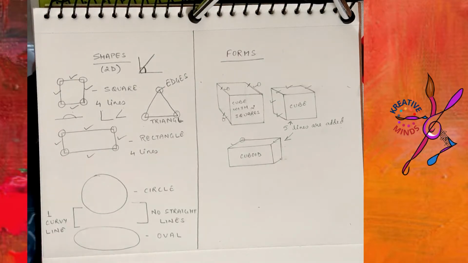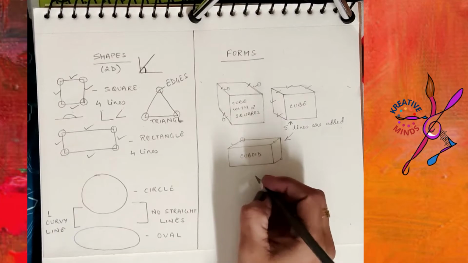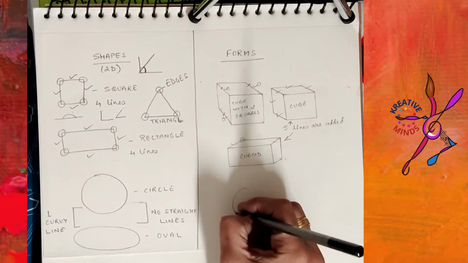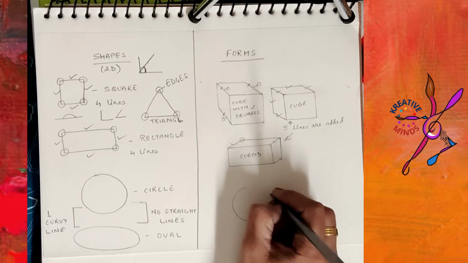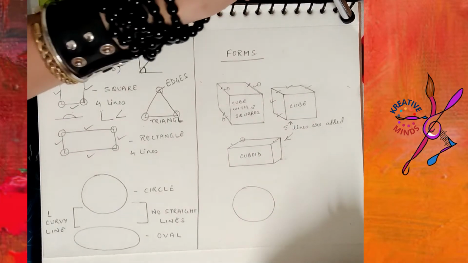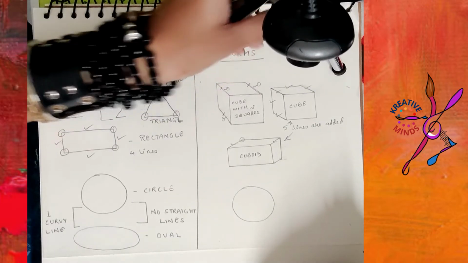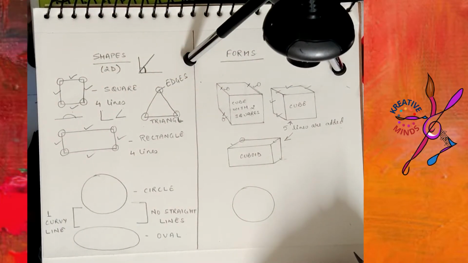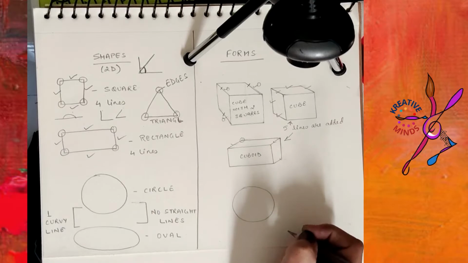Okay, 3D form. Now first let's draw the circle. Remember space with the cuboid, a little space. Can I draw a circle there? Absolutely. Now this is the circle.